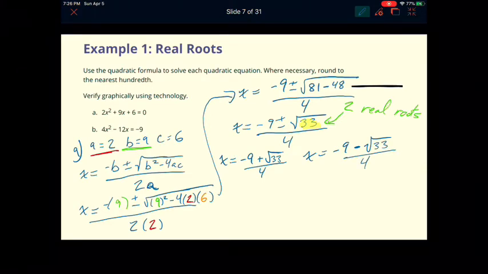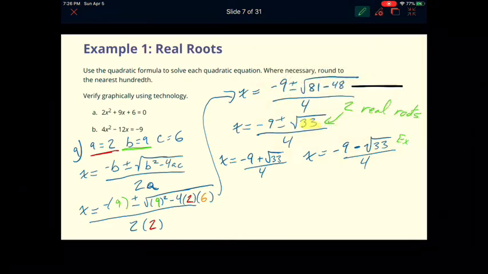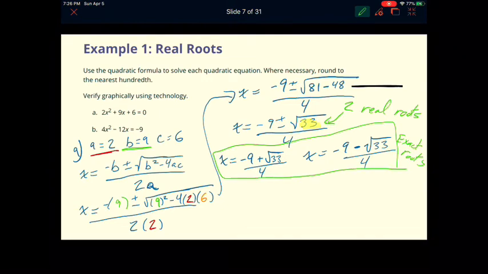Now, this is considered the exact roots. So if the question asks you for the exact roots, leave it in that formula, because 33 is not a perfect square. If it was 25, then yes, you could switch it to 5 and finish the rest of it, and you would have an exact number.